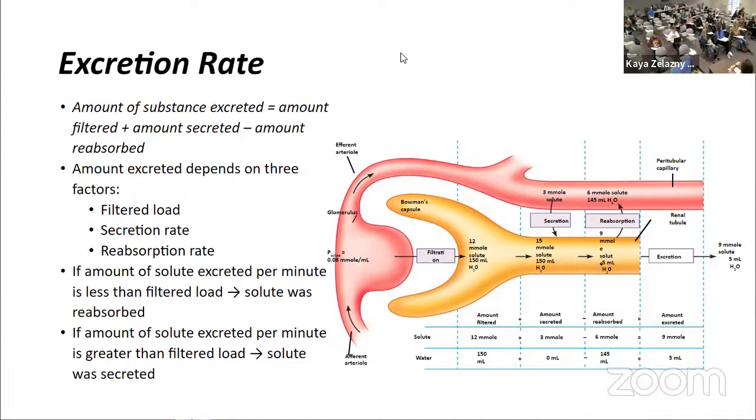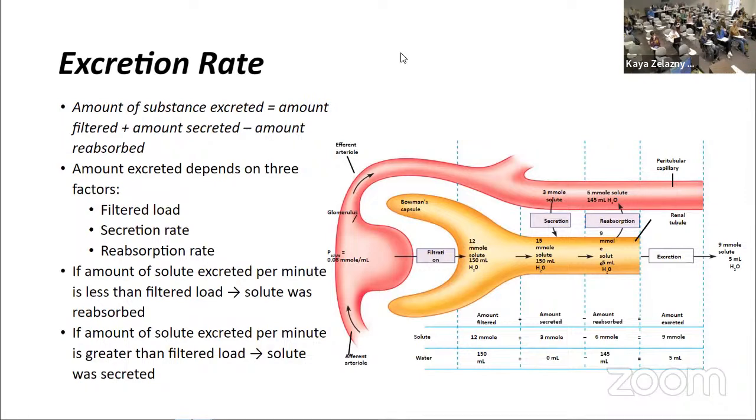We can calculate the filtered load of something because we know how much blood flow is going to the kidney, right? And we can measure with a blood draw or something what the plasma concentration of that solute is. So that's a number we should be able to calculate, or at least get a good estimate of the filtered load. You could measure in urine how much of something people are actually excreting.